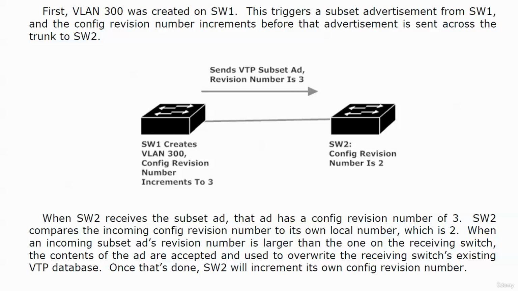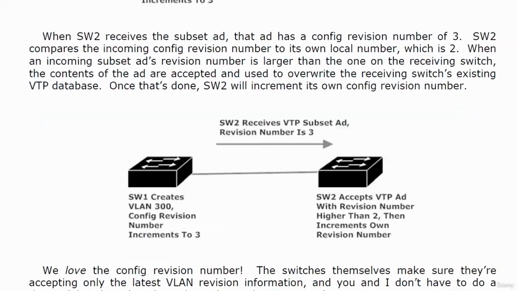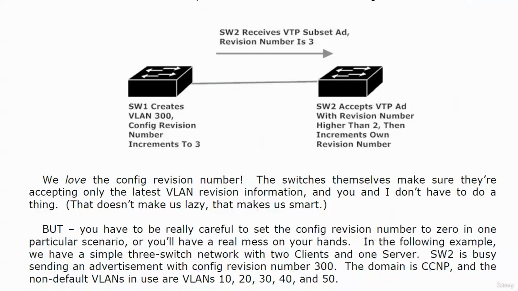And once that's done, switch 2 will then increment its own revision number. Now, we love this. This is a fantastic value because it's very simple, and the switches themselves, frankly, handle all the work. You and I, the network admins, don't have to do anything to make this happen. This doesn't make us lazy, it makes us smart.